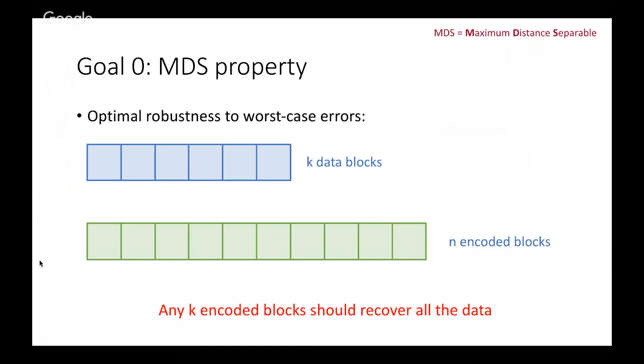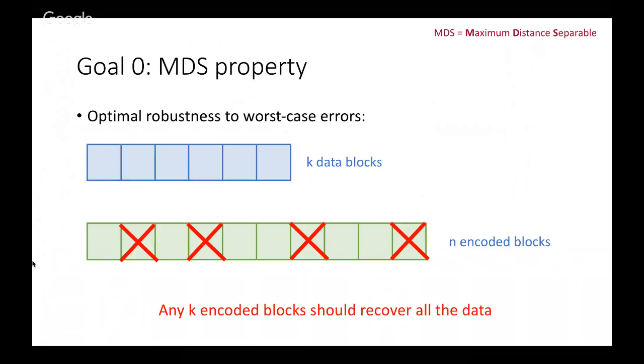What MDS means is that any k encoded blocks should be able to recover all of the data. So in particular, any n minus k failures can be tolerated. If I lose n minus k blocks, I still have k encoded blocks left, so I can still recover all of my k data blocks.